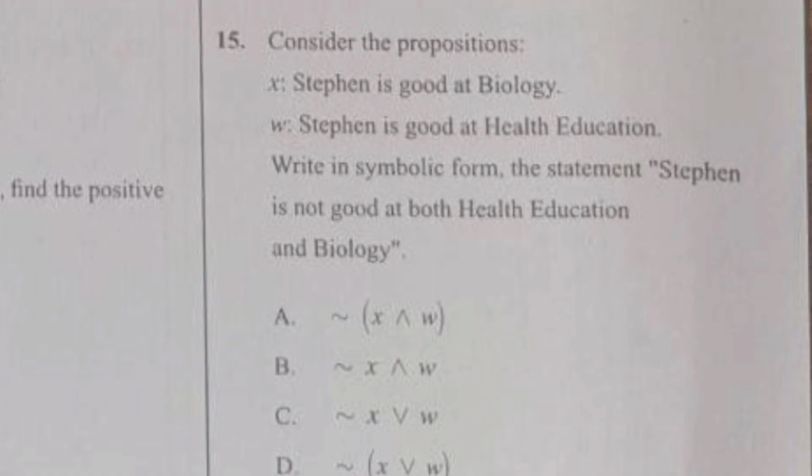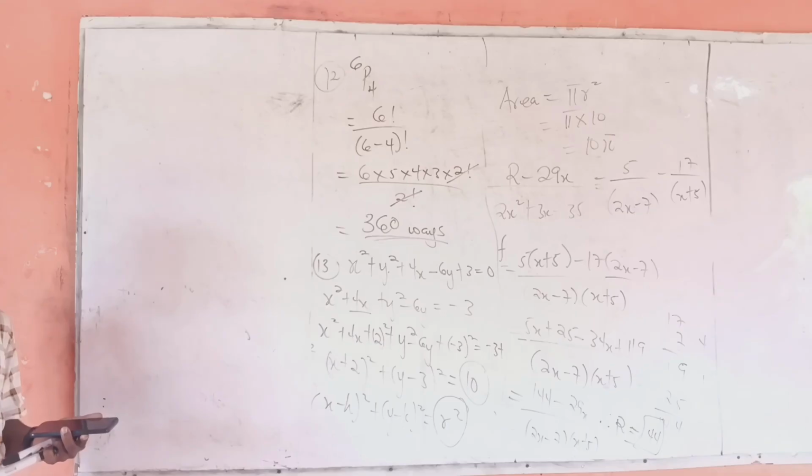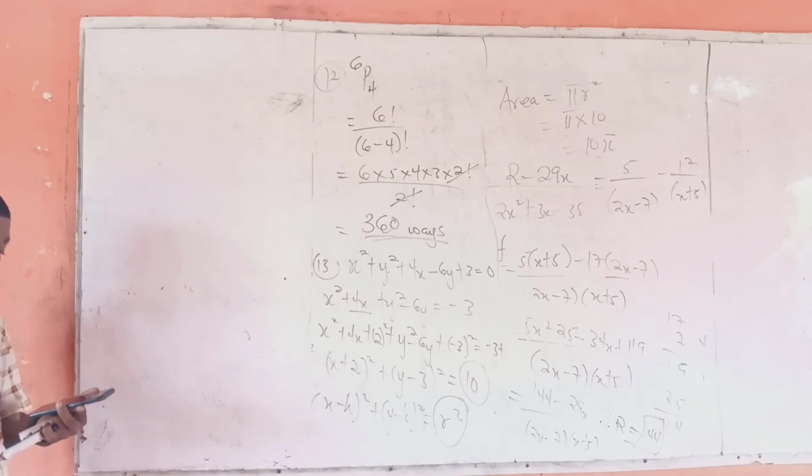So both has to do with the intersection. Neither is more or less like both. So he's not good at either of them, which means neither of them, which means both of them. So both and neither would go with the intersection, and then either would go with the union.